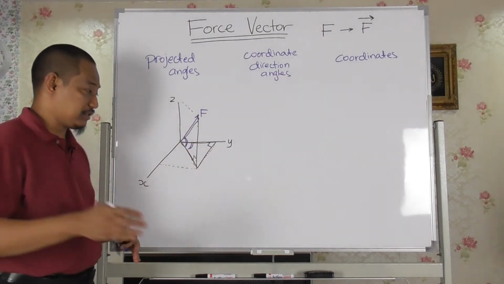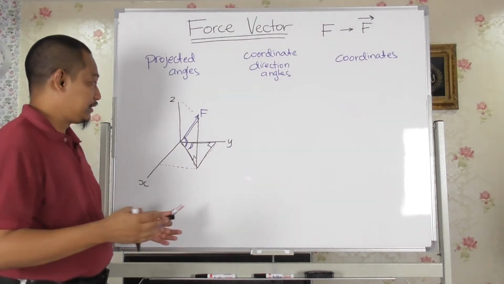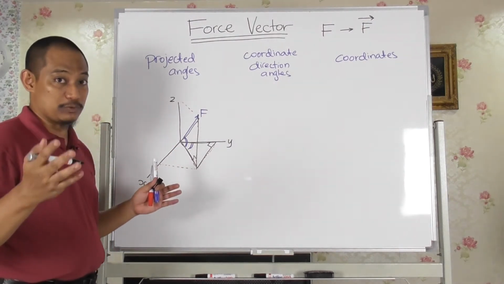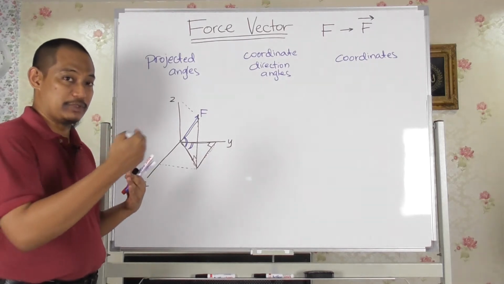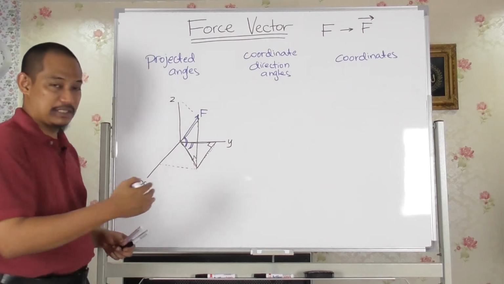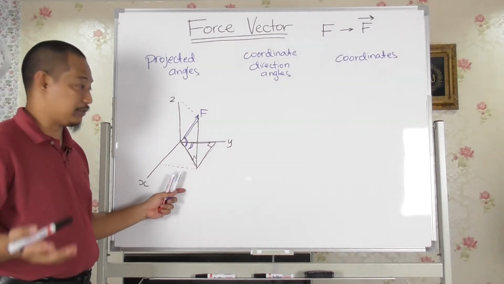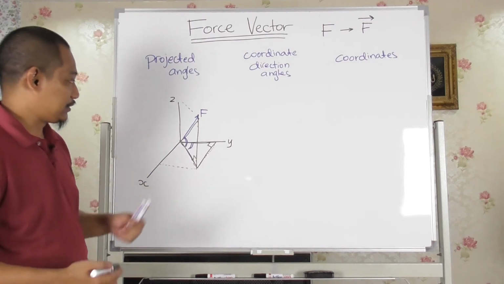The detail of this is already in the lecture video. This is just to highlight what you need to know in preparation for the exam or in the real world of engineering. So that's number one.